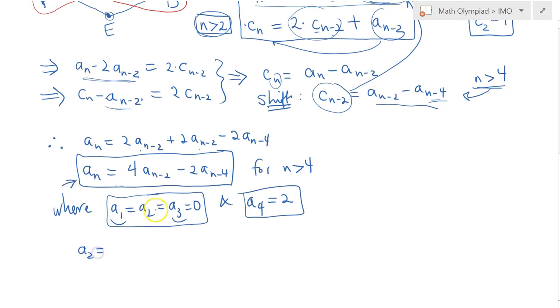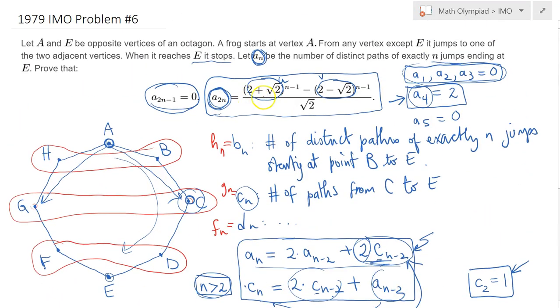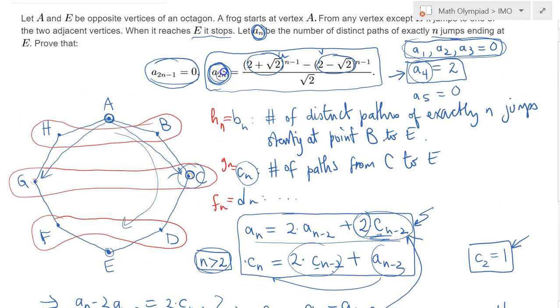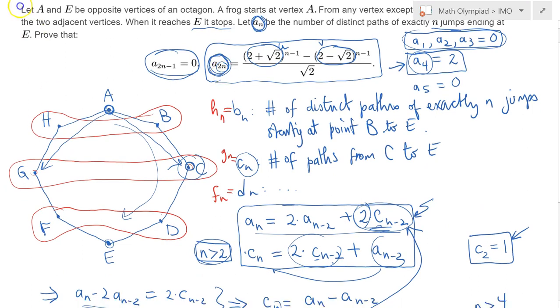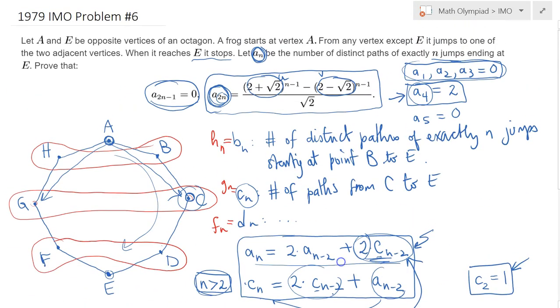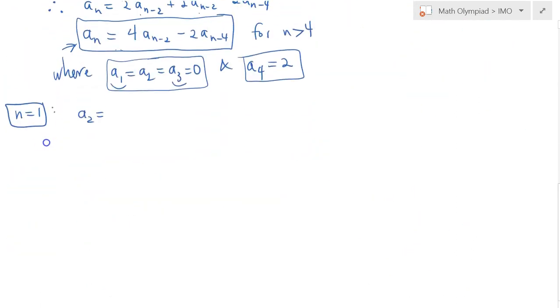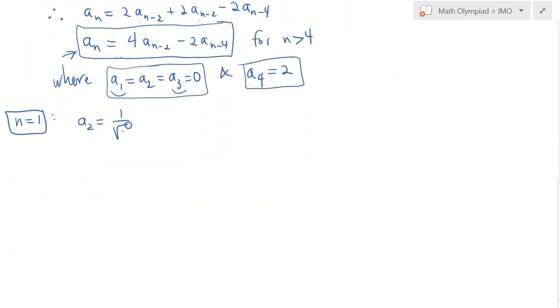Let's see if we can get a sub 2 equals 0 in that formula. In order to get a2, I need n equals 1. You substitute this, you get a sub 2 equal to 2 plus root 2 raised to the power n minus 1, but n is just 1, so this is raised to the power 0 really. Let's factor out the denominator, obviously.